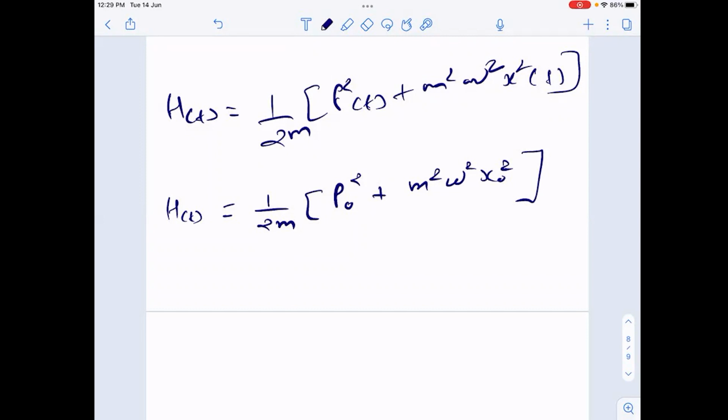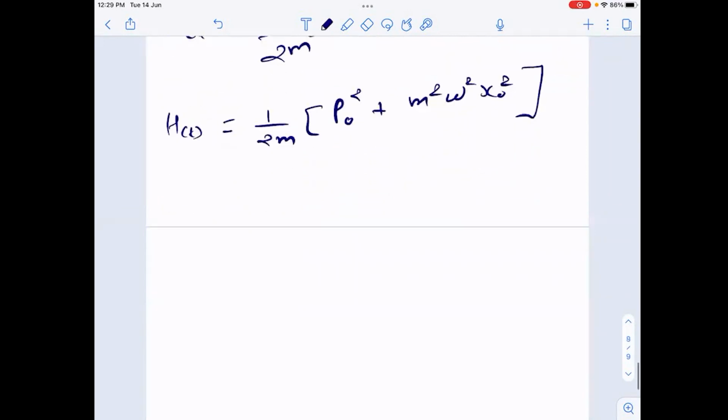Here we have p0 square plus m square omega square x0 square at t is equal to 0, which the Heisenberg state vector is borrowing, coinciding with the Schrodinger state at t is equal to 0. So the Hamiltonian is time independent. But how do we obtain the energy levels of the harmonic oscillator? That is our next challenge from this Hamiltonian. So what was done is that a Hamiltonian matrix was created.